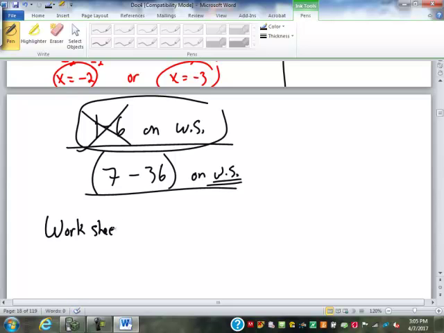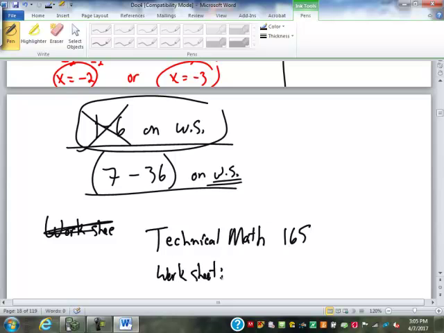If I grab that packet, in that packet there's going to be 3 things. There's one that's labeled, actually on the top it's labeled Tech Math 165, worksheet, slopes and parabolas. That is the worksheet from Wednesday.